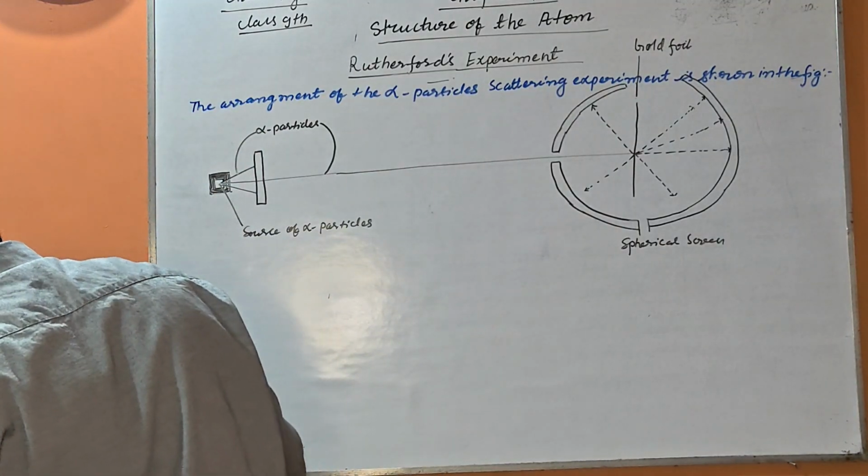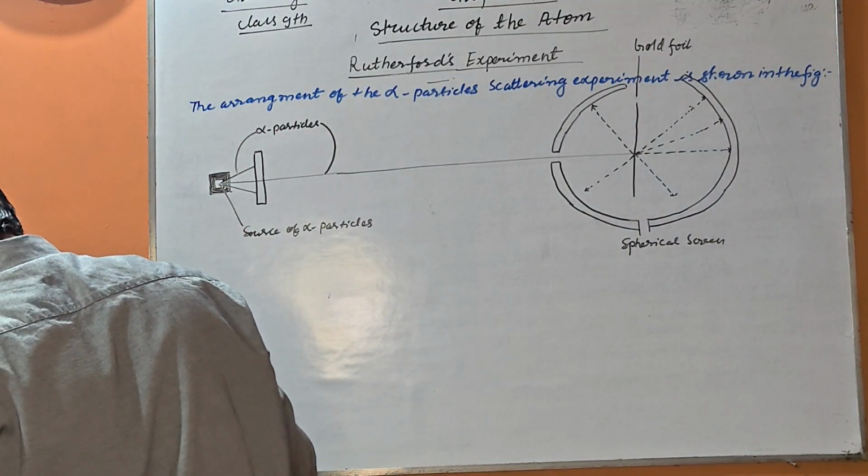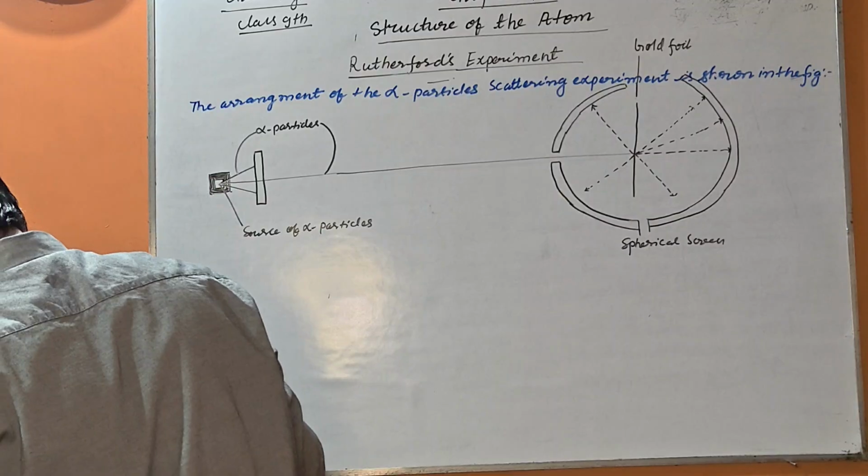The figure is known as scattering of alpha particles by gold foil.